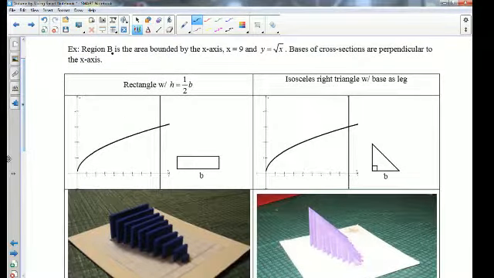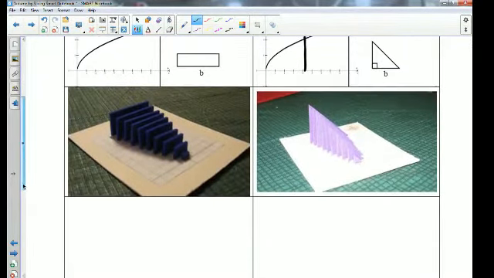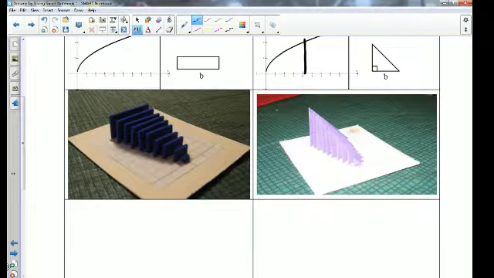Again, region B is the area bounded by the x-axis, x equals 9 and root x. Bases of the cross-sections are perpendicular to the x-axis. Right, we're perpendicular to the x-axis. So, what is the area of that triangle in terms of x?